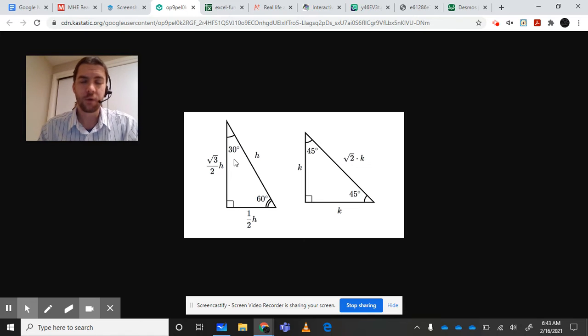Now, those are harder to know if we have angles that are in between. Let's say we have a 31-degree angle or even a 31.5-degree angle. We only know these sides because these were a special case where we could figure out the side lengths. Sometimes the side lengths are not as easy to figure out.